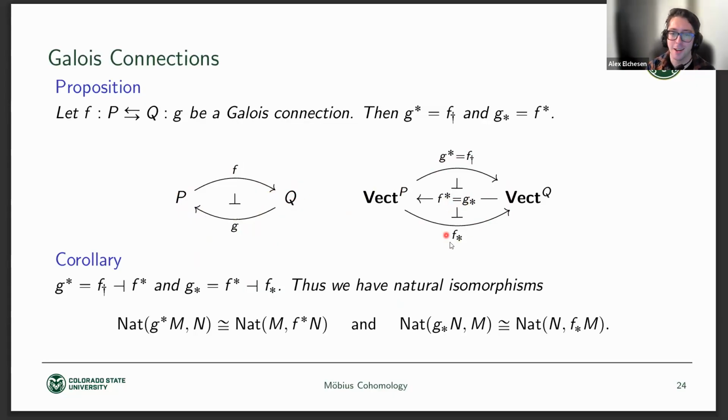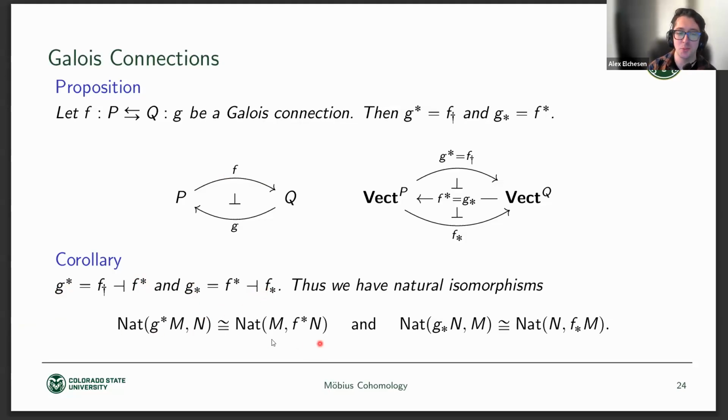And then there's no analog that I know of for F push forward. But if I just combine that with Justin Curry's theorem, that tells me that pullback along G is left adjoint to pullback along F. And then push forward along G is left adjoint to push forward along F. Okay.